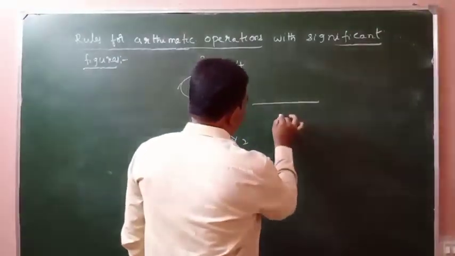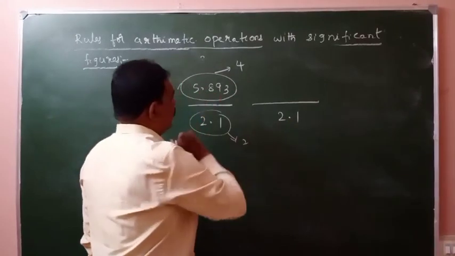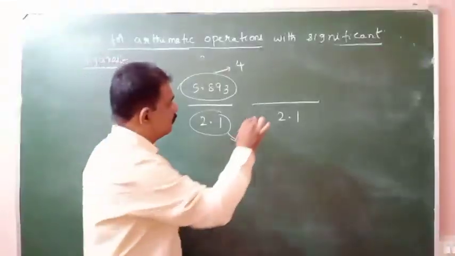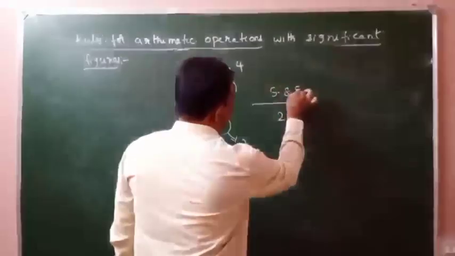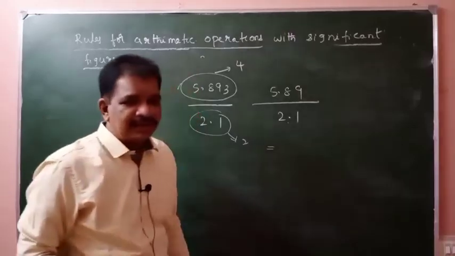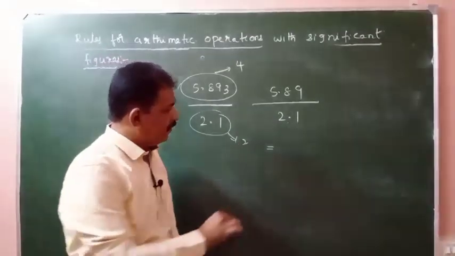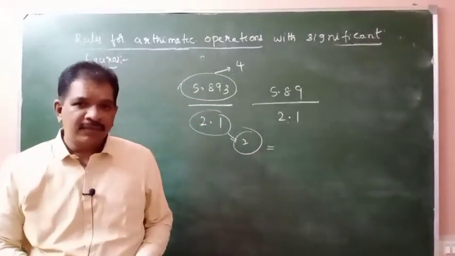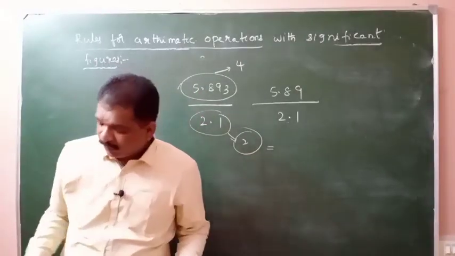So write this one as usual, rounding this number to have three significant figures. So it becomes 5.89. Then do the arithmetic operation, and the final answer will have two significant figures only. Clear? In that way you have to do.